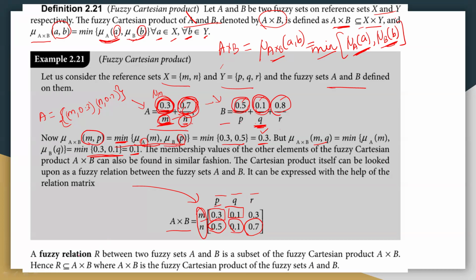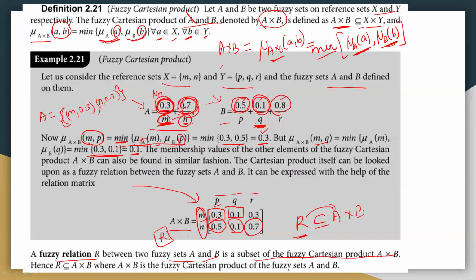Basically, a fuzzy relation R between two fuzzy sets A and B is a subset of the fuzzy Cartesian product A cross B. So R will be a subset of A cross B.